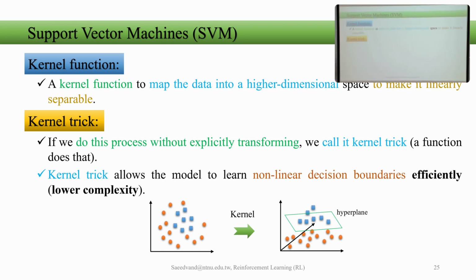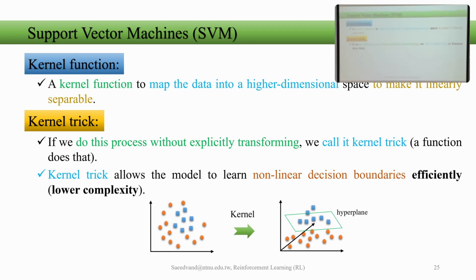On the other hand, we have the definition of the kernel trick. Instead of what we plotted there, which is costly and complicated, we can write some equations that, without explicitly transforming the data to a higher dimension, calculate that for us.